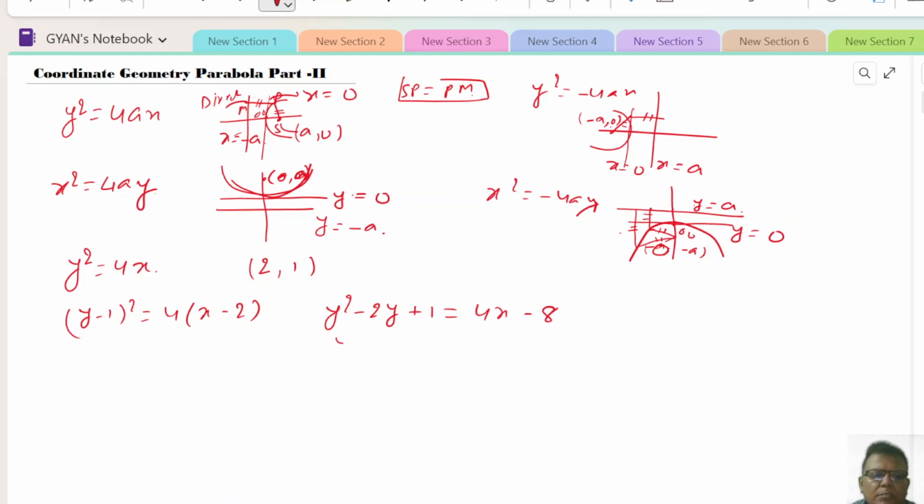So this will be y square minus 2y minus 4x plus 9 is equal to 0. The graph of this is shifted to (2, 1), so the graph is shifted like this.